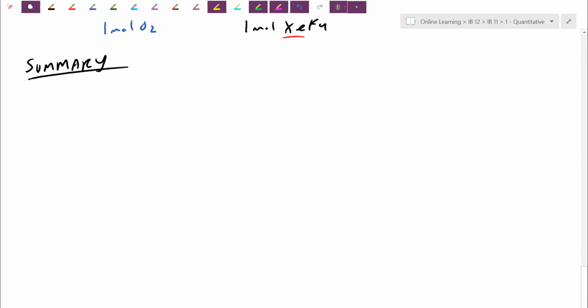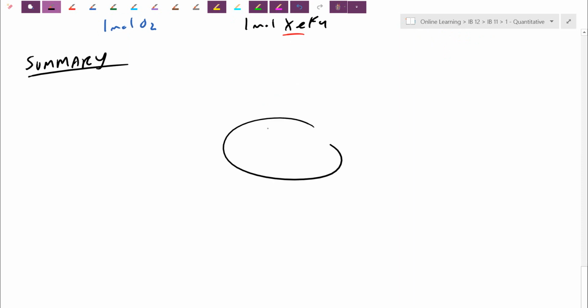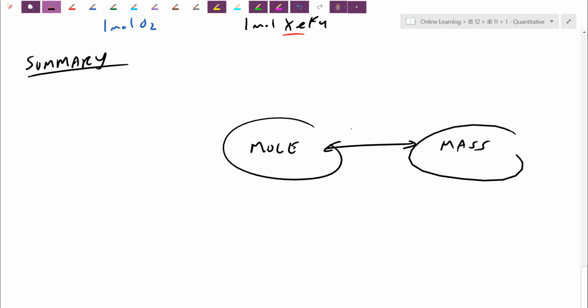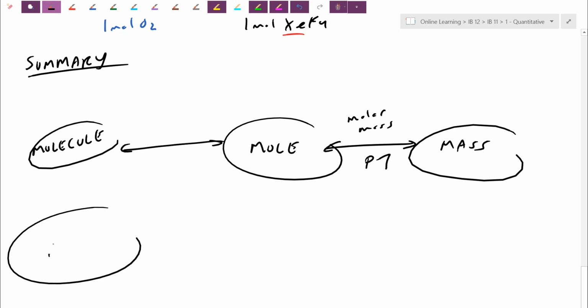Let me just rehash the diagram that we have so far. So far we had moles. The link here to mass was no problem, right? The conversion was called molar mass. We used the periodic table. This time, instead of just going from mole straight to number, you saw us go from moles to a molecule bubble, or an atom bubble.